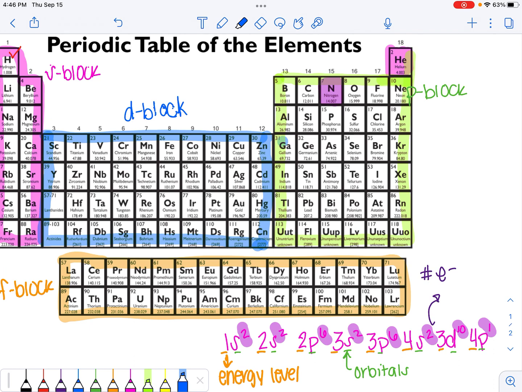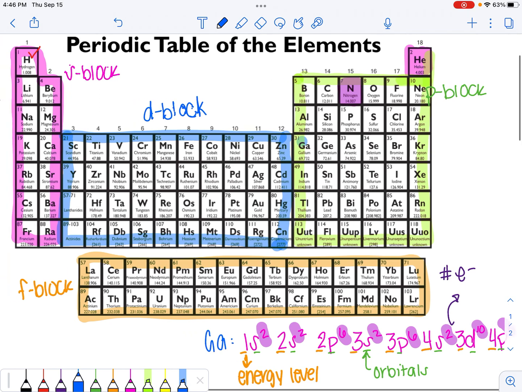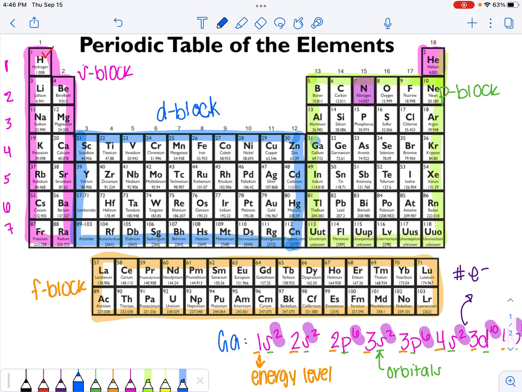We just have to finish the rest of it off. So let's think about this for gallium again. Here's our electron configuration for gallium. What's the noble gas that comes in the period before gallium? Gallium's in period 4. The noble gas in period 3 is right here, argon.